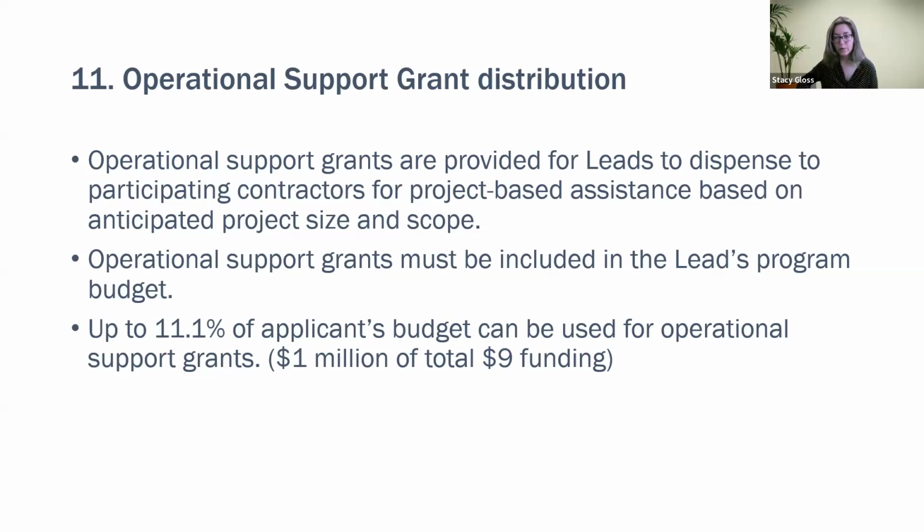The grants to participants shall not exceed 11.1% of the applicant's budget to support the growth of participant contractors with access to capital for upfront project costs and pre-development funding, among other uses. The amount of the operational grants shall be based on anticipated project size and scope.